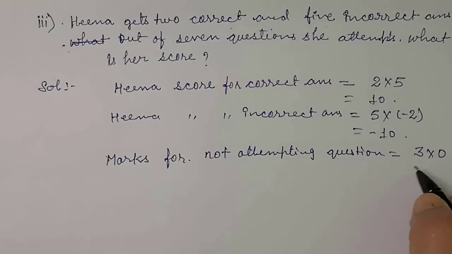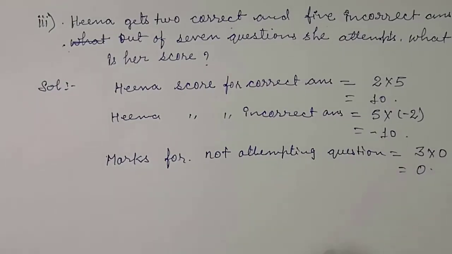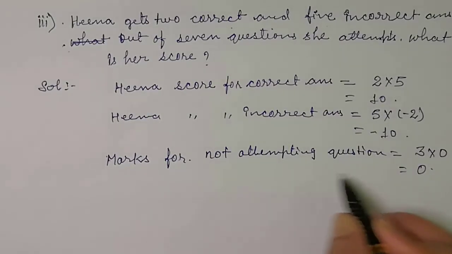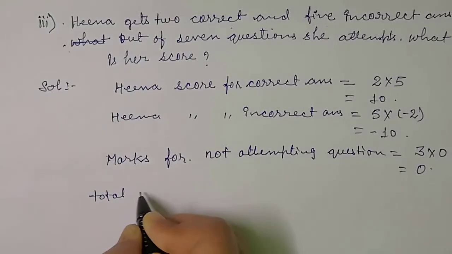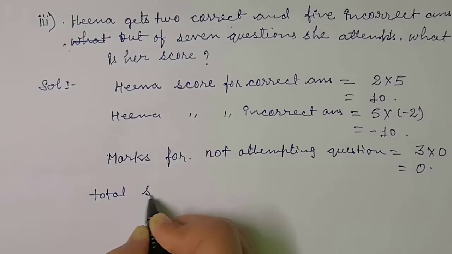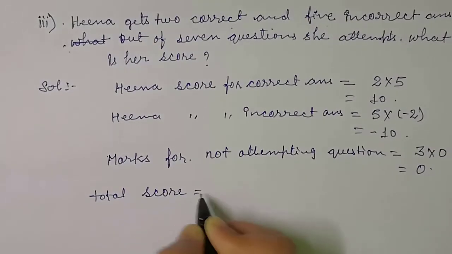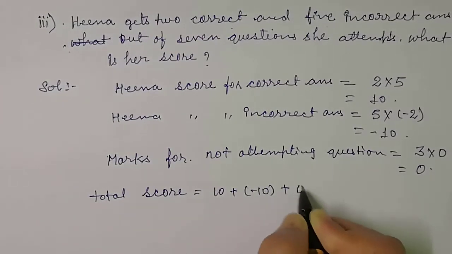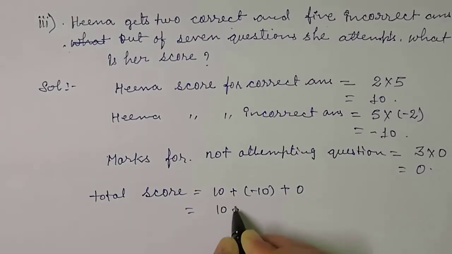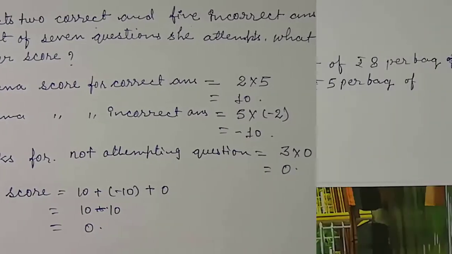So 3 into 0 will be 0. Total score of Hina: 10 plus -10 plus 0, that is 10 minus 10, and that is 0.